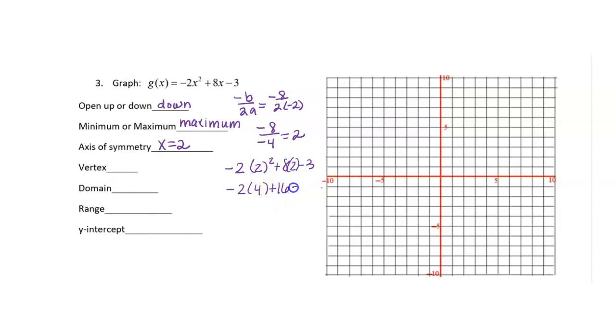Plus 16 minus 3 gives me 8 minus 3, which is 5. So my vertex is 2, 5. Let's plot 2, 5. There we go.